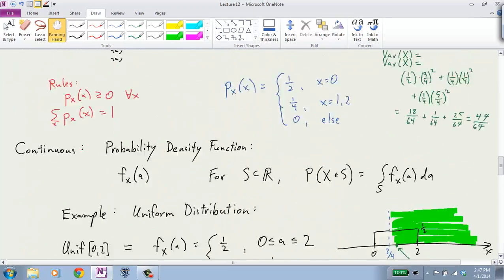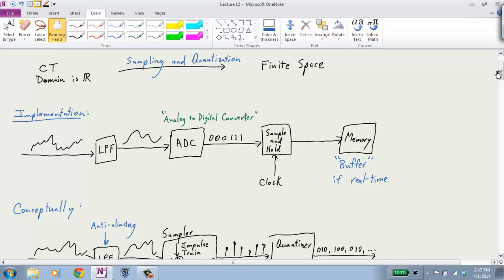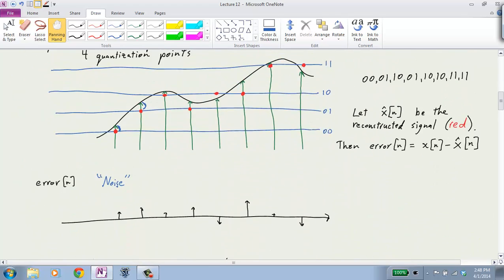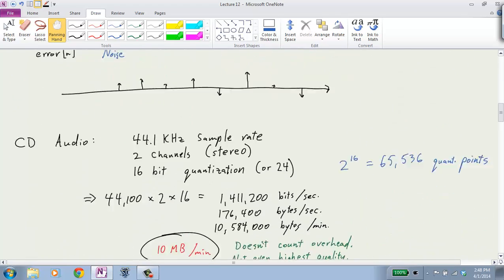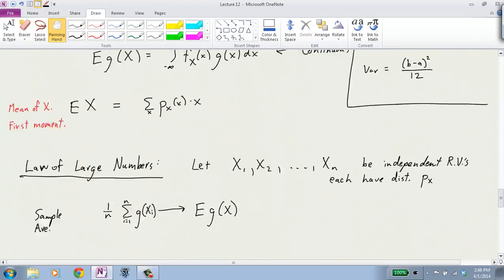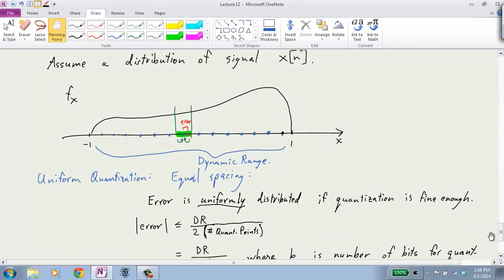So let me just explain what we do next time. We're going to start into a topic that will seem completely unrelated, and the only connection will be that we'll be assuming we have some quantized signal that's now discrete.